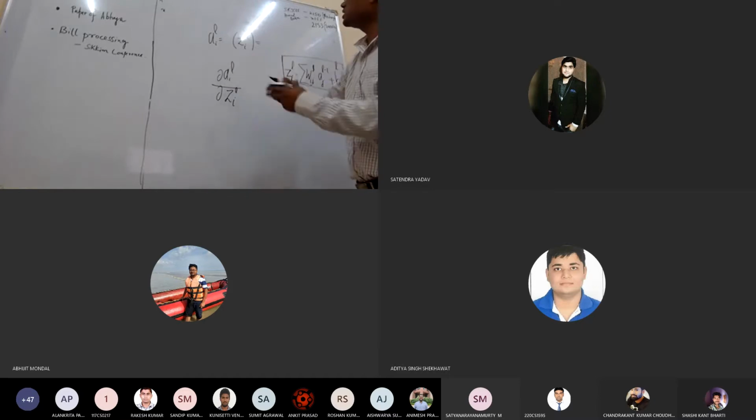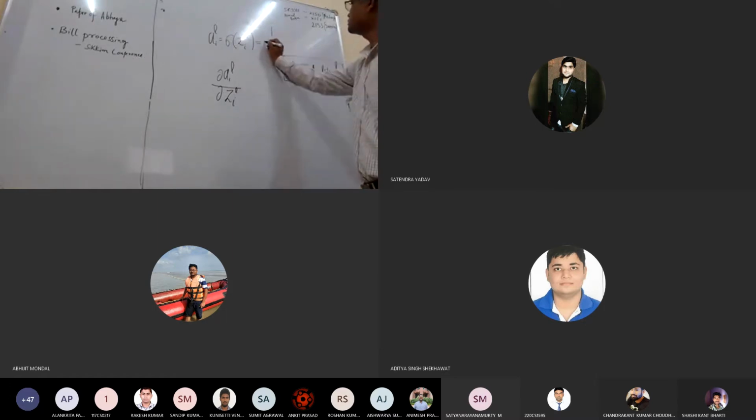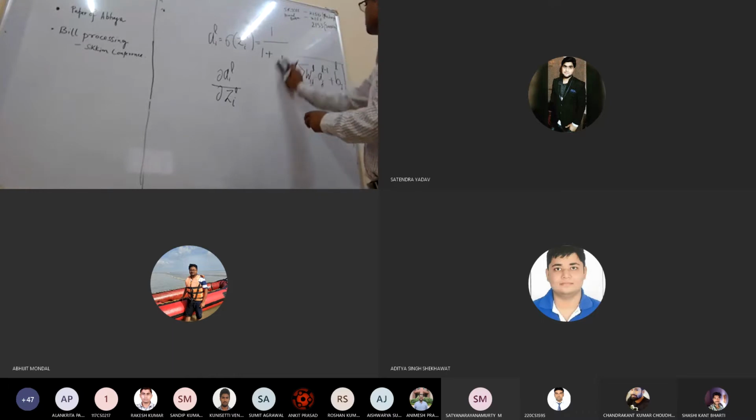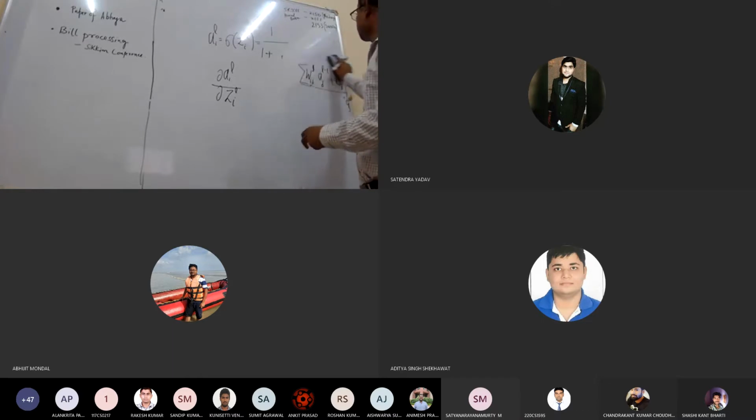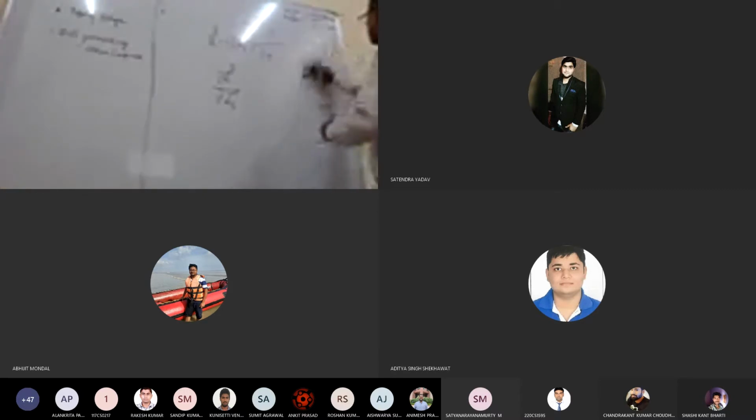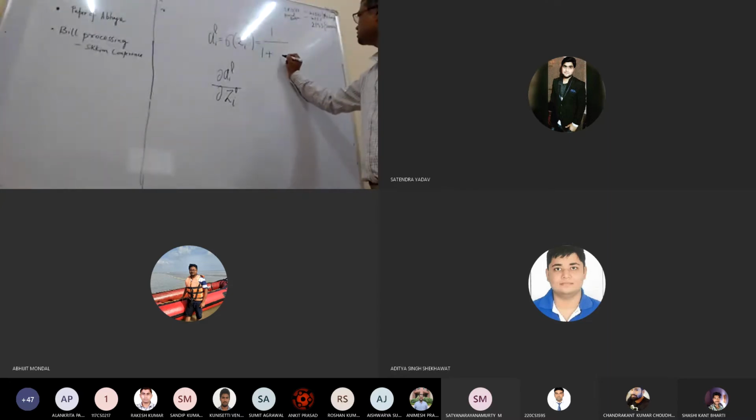Instead of F, we can directly put the sigmoid function. So in sigmoid function, what do we do? 1 by 1 plus e to the power minus z_i^L. Now I am writing on the board.